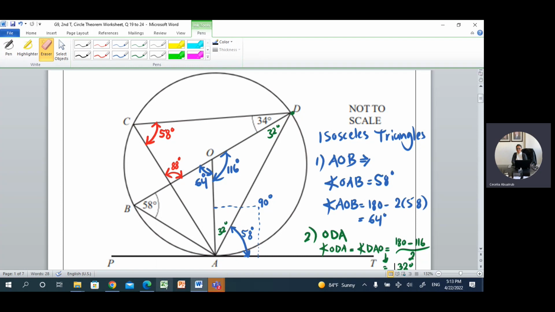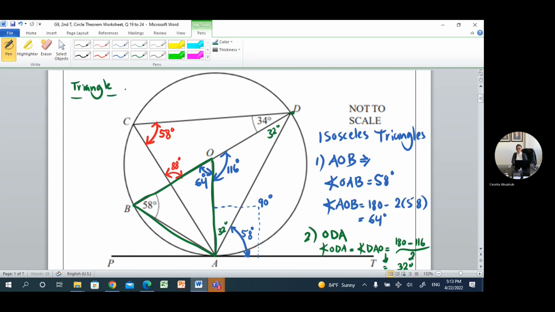What else can we find? If you go to this triangle here, AOB, accordingly we can find angle OAB, which is equal to 180 minus the sum of the known angles, 58 plus 64.